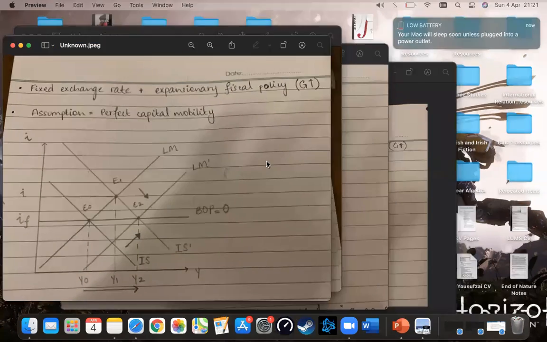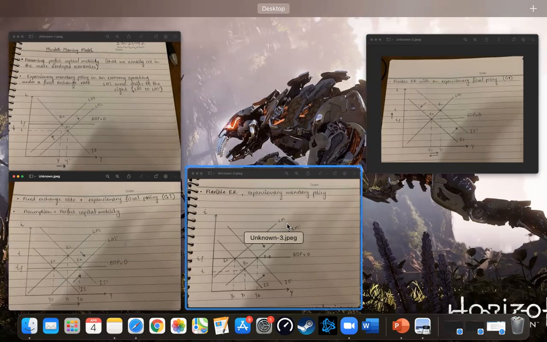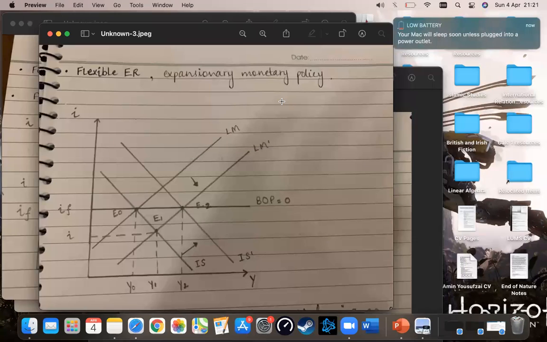Moving on to economies with a flexible exchange rate, we'll start once again with the expansionary monetary policy.